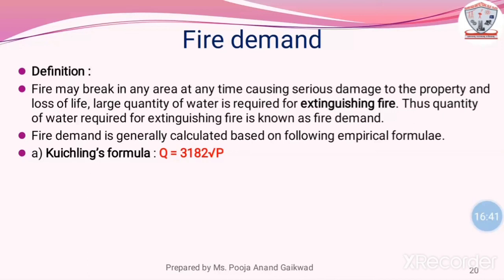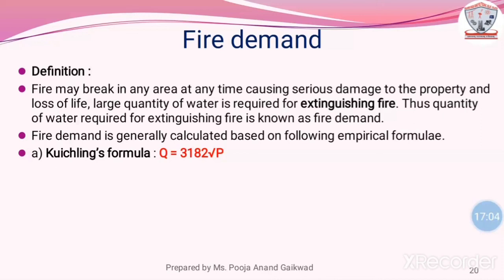The total demand of fire in a year may be small, but the rate of consumption at any time is very large. So it is difficult to estimate when the fire will break out and what its extent will be. So fire demand is generally calculated based on the following empirical formulae.